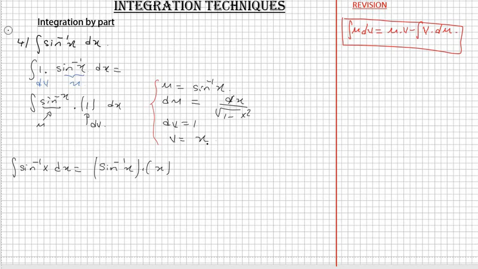So I have the product of u and v, and then minus the integration of v, which is x, multiplied by the derivative of u, which gives dx over the square root of 1 minus x squared.